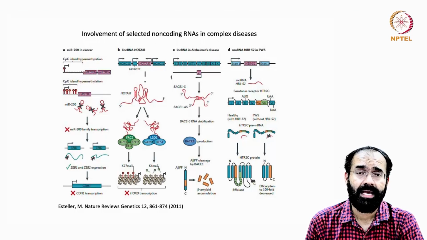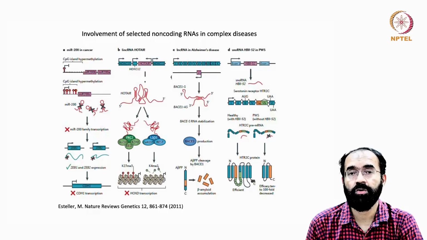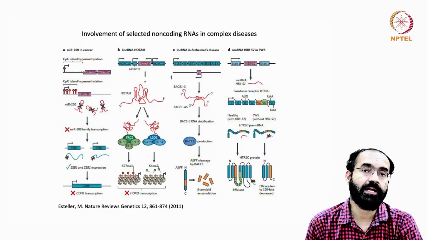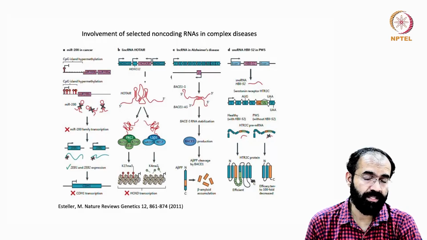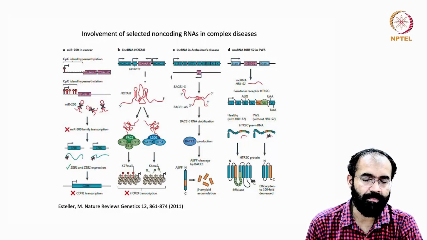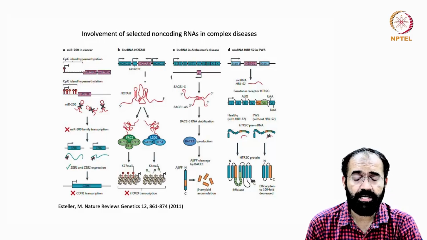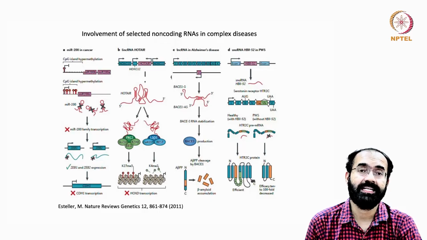Similarly, ncRNA HOTAIR. We know HOTAIR is negatively regulating HOXD while allowing the HOXC clusters. So if HOTAIR is missing, what will happen? The recruitment of PRC2 and LSD1 complex to specific gene expression loci of HOXD is prevented.